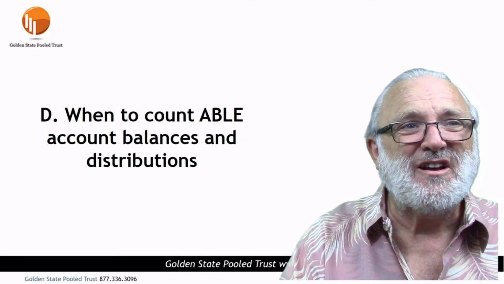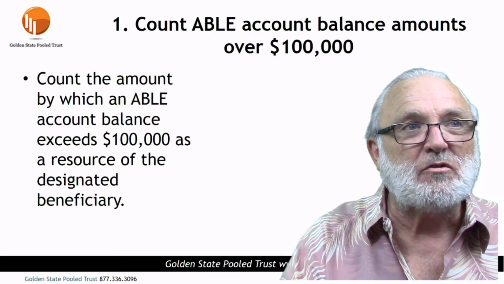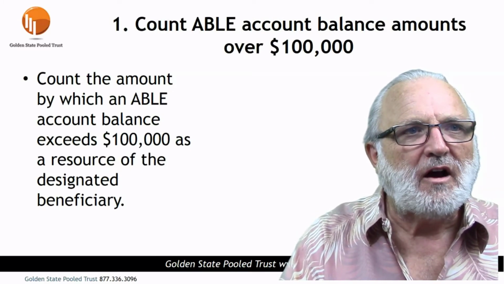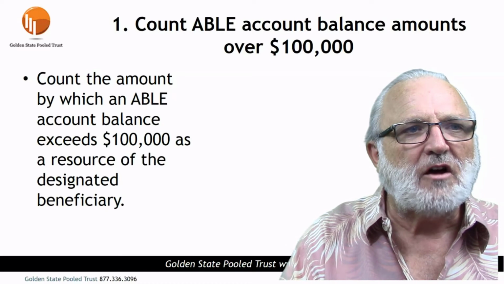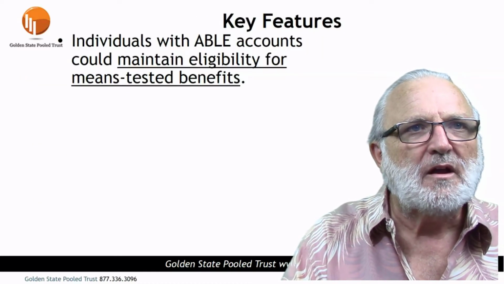When to count ABLE account balances and distributions. Count the amount by which an ABLE account balance exceeds $100,000 as a resource of the designated beneficiary.